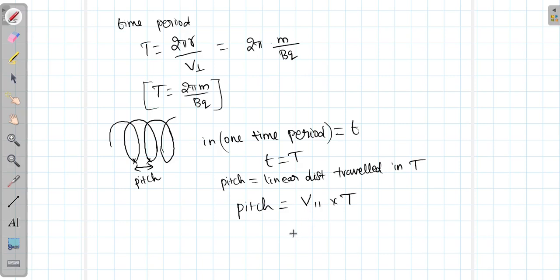V parallel is V cos theta. We know the time period formula, 2 pi m divided by B Q. Therefore, pitch equals 2 pi m V cos theta divided by B Q. So this much information we should write.